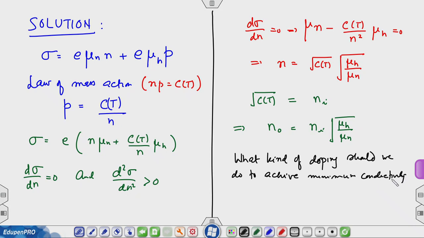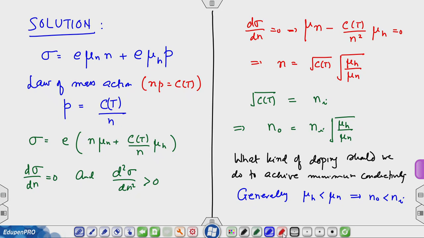Is it n type or p type? So, we have seen earlier in our lectures that generally mu_h is less than mu_n, and this implies n0 should be less than Ni.